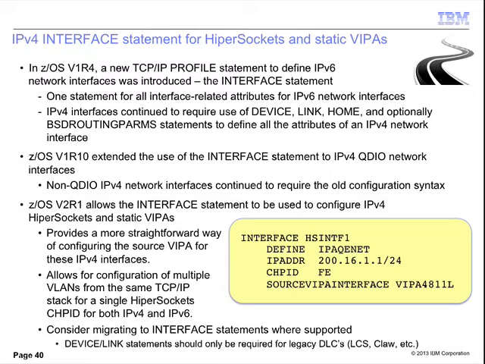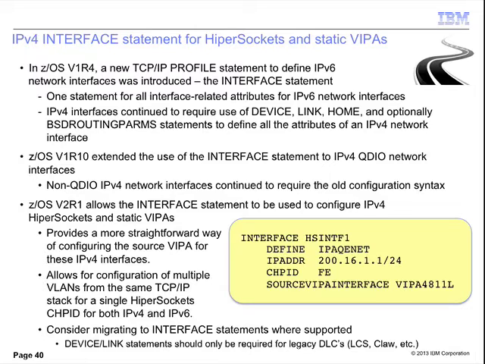In R10, we added the capability to define IPv4 QDIO network interfaces through the interface statement. Only again for QDIO interfaces. V2R1 extends that now to allow you to do it also for hypersockets and static VIPAs. So you see kind of a nice example there of an interface statement in the little yellow box, and it shows what that looks like. It also gives you a very nice way to define your source VIPA.